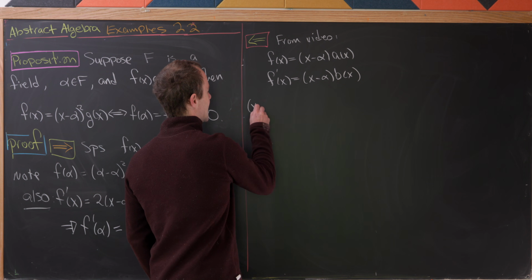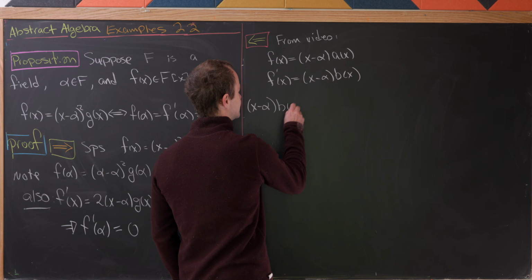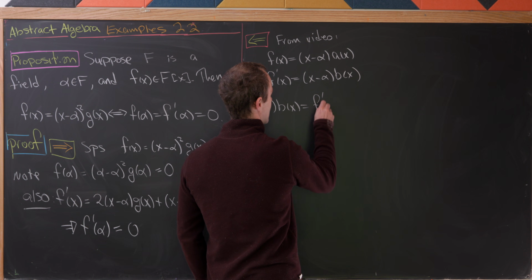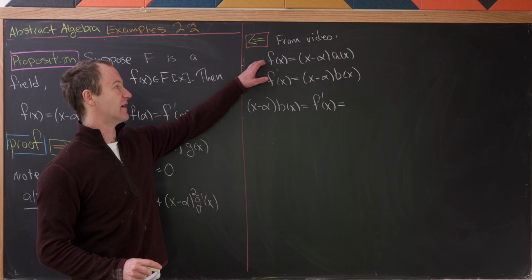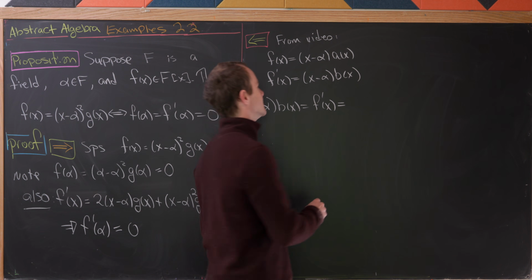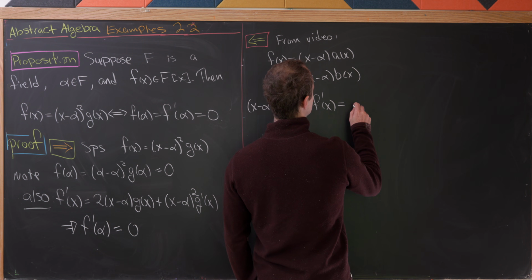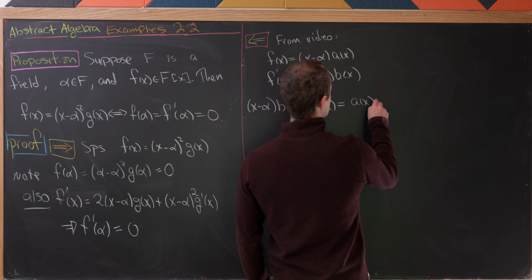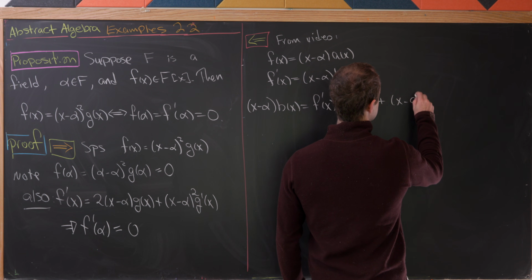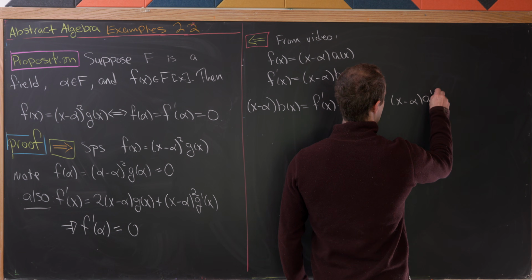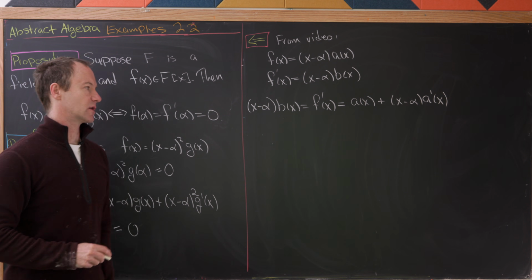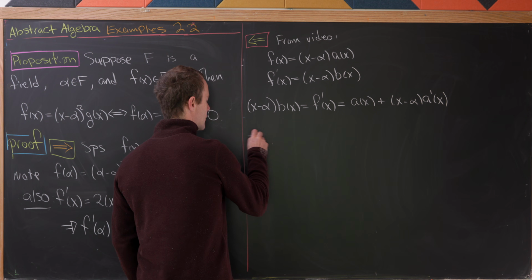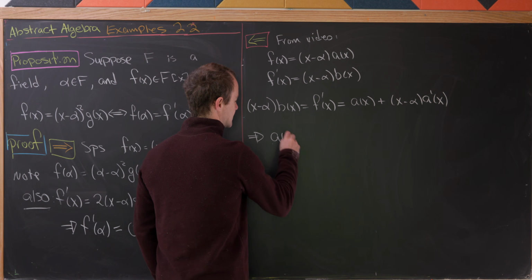So let's notice that (x minus alpha) times b(x) equals f prime. But then we can take the derivative of f using this version. So that'll be equal to a(x) plus (x minus alpha) times a prime(x). That's by using the product rule over here. And now we can solve this for a(x).